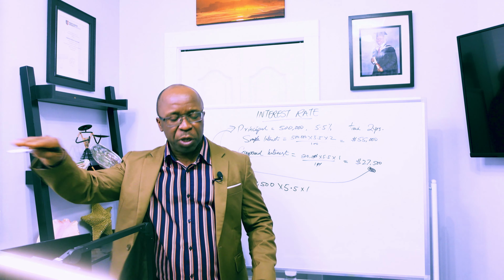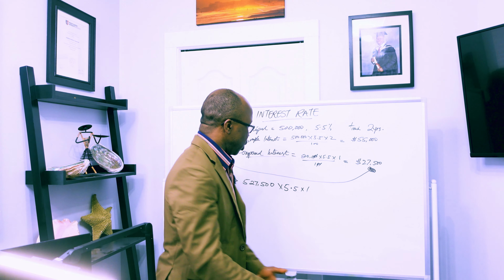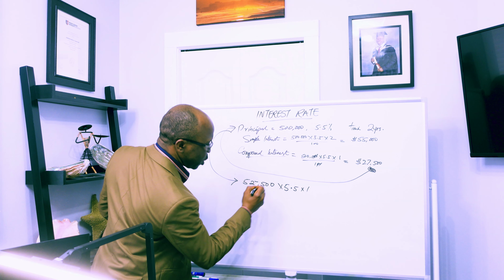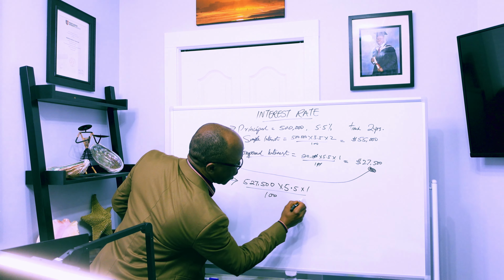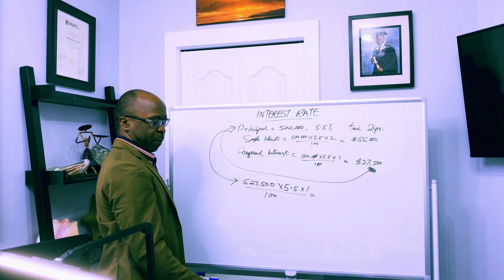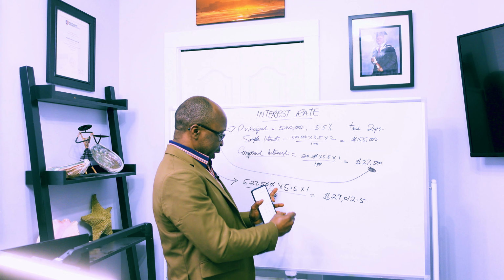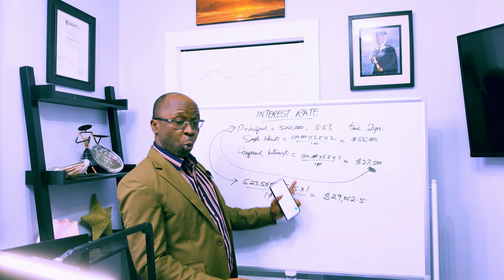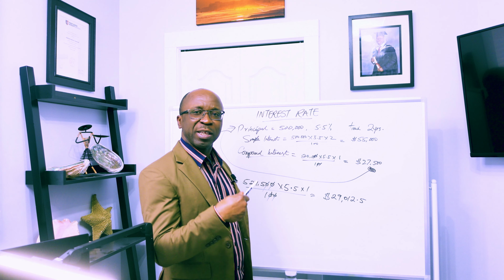We are not going full scale of 2 years. We are taking it gradually. So let's see what this will give us. This will be this all over 100. So we have 527,500 times 5.5 times 1 year, because for compound interest, we are calculating it annually.